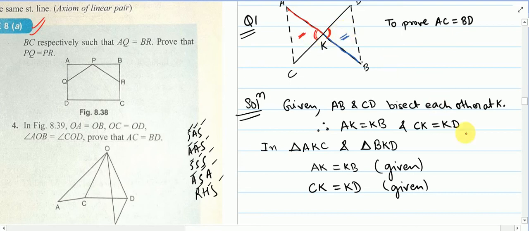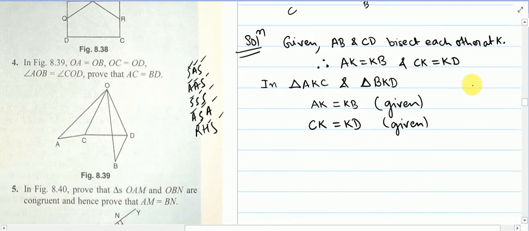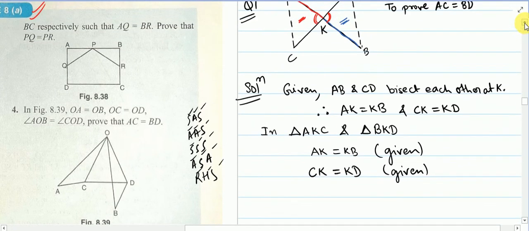So I shall write angle BKC is equal to angle AKC is equal to angle BKD. Reason, vertically opposite.